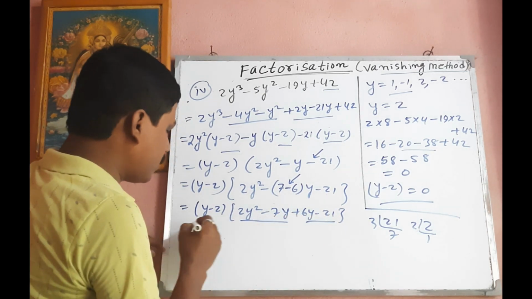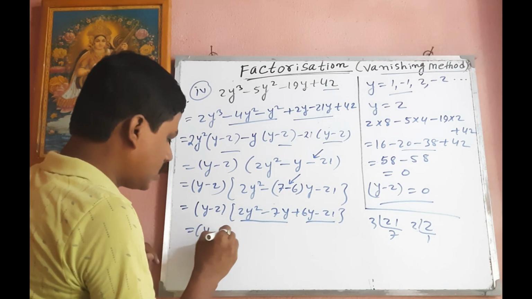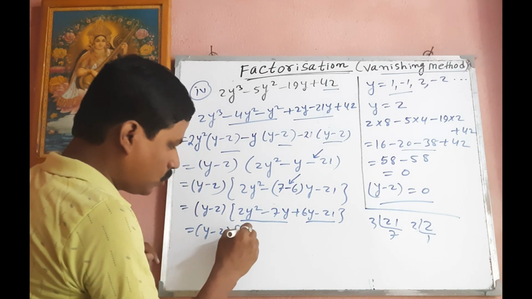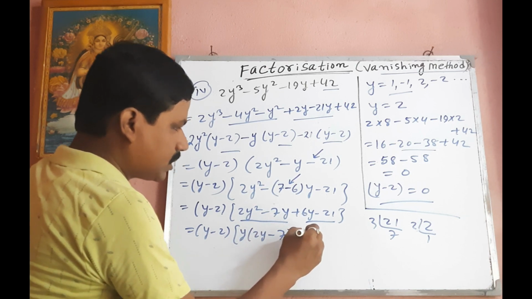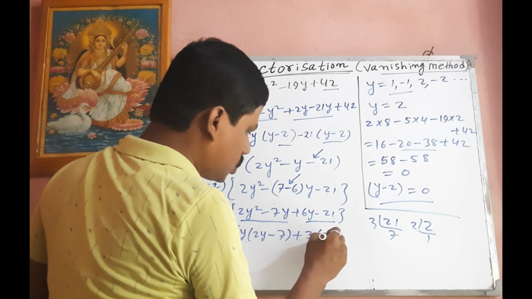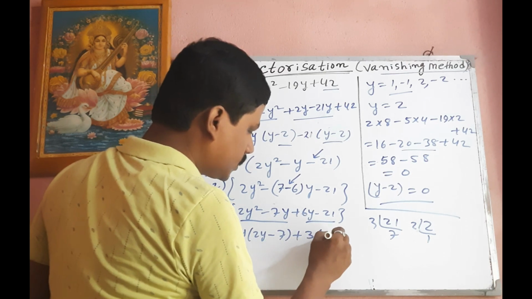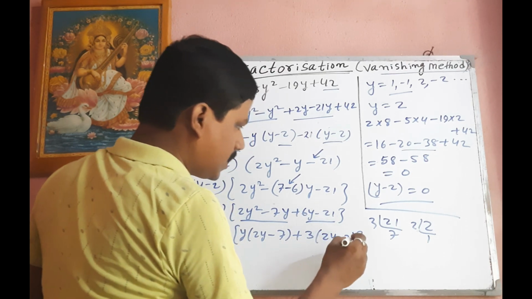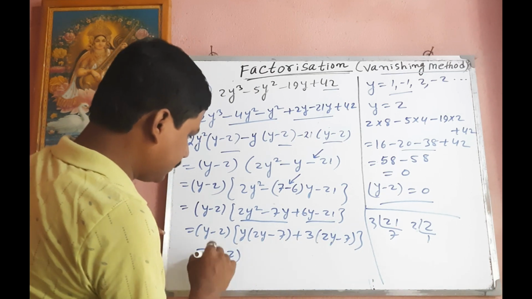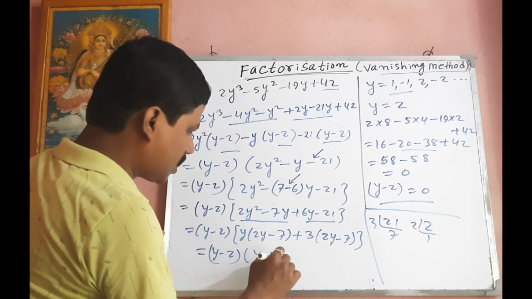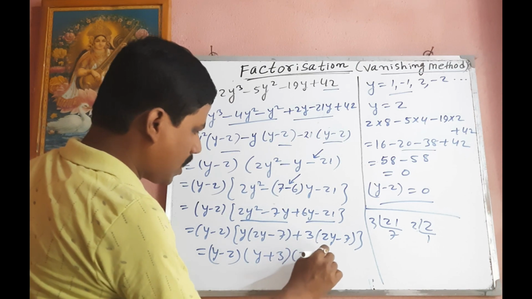So taking common from these two, y is common, 2y minus 7, plus 3, 2y minus 7. So y minus 2, y plus 3, 2y minus 7.